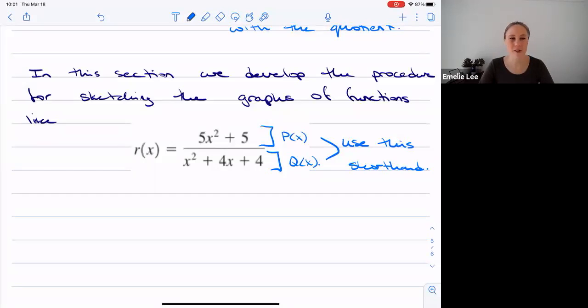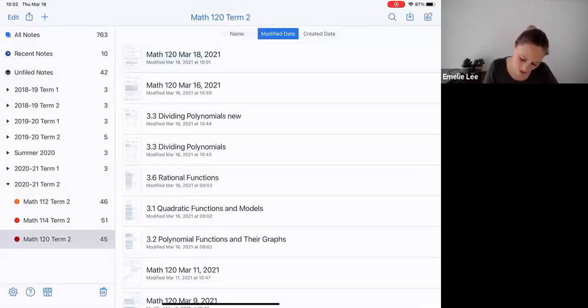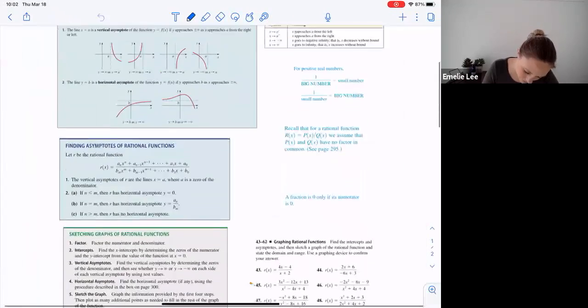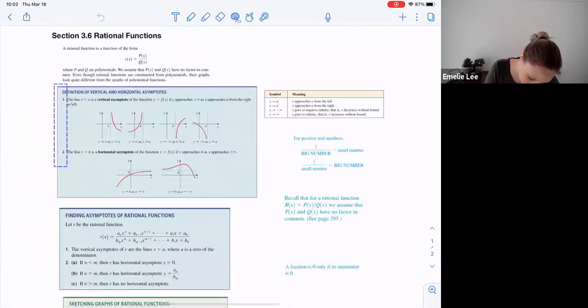So first thing we need to discuss is horizontal and vertical asymptotes. You might remember asymptotes. Asymptotes are, if a graph is approaching a point, but it's not actually getting there, so maybe they're increasing together, but never actually approaching that value.